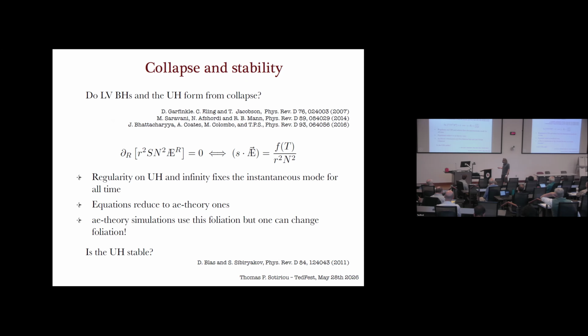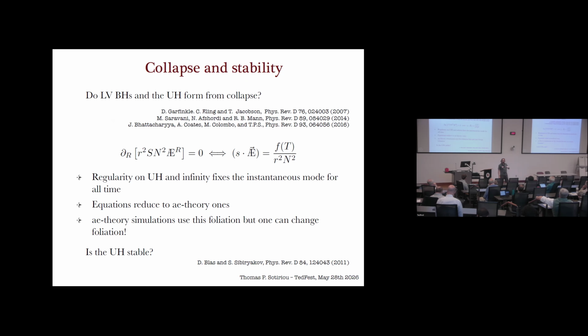Now, there is the question of whether this universal horizon is stable, and this question comes about intuitively from the fact that it looks more like a Cauchy horizon in the corresponding initial value problem, right? And we expect Cauchy horizons to be unstable in GR. What I mean by that is that, as I said, you need to solve that equation for any given slice, which means you need boundary conditions, and I can prescribe boundary conditions asymptotically for the exterior region.